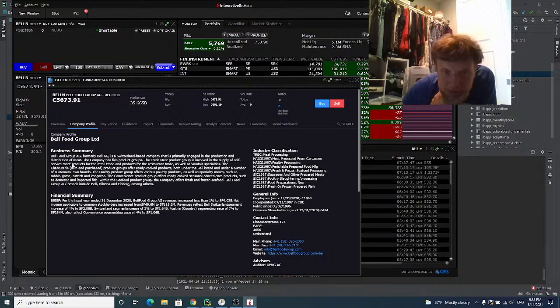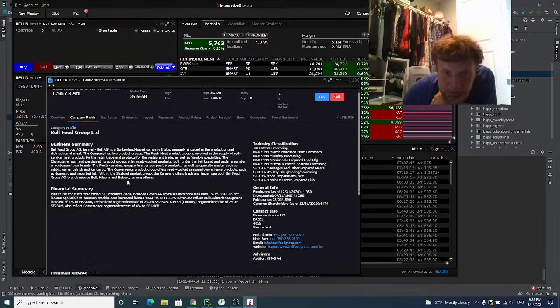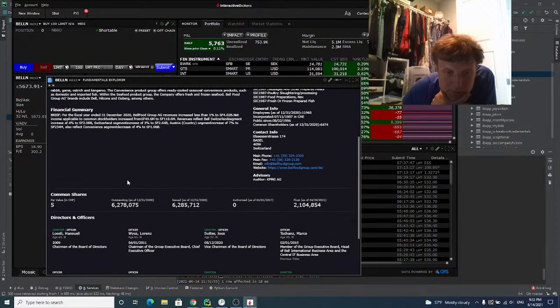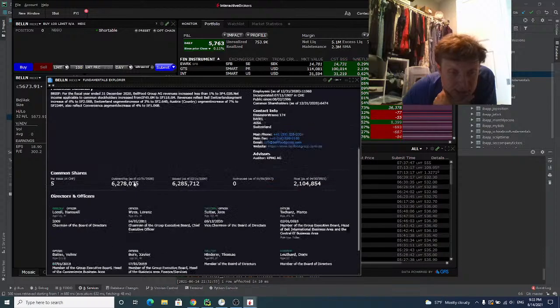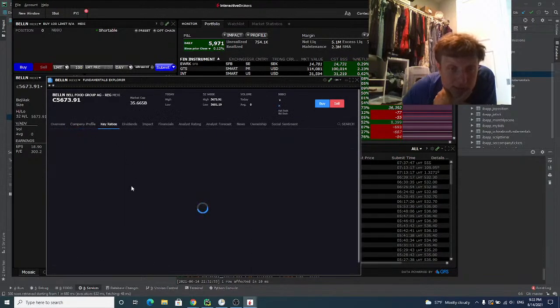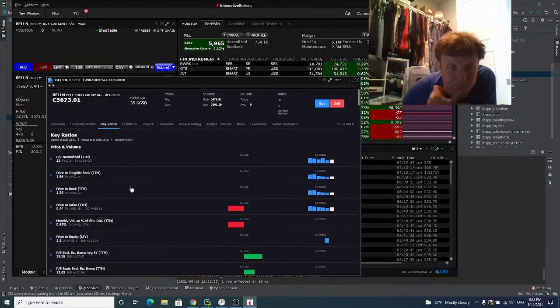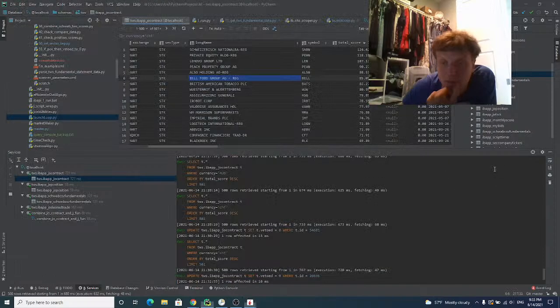Meat from Switzerland. But I think this wants me to buy it on the Mexican stock exchange. It's pretty funny. PE at 12 and 0.44 price to sales ratio. I like those numbers. All right, you odd duck, we'll pick you up too.